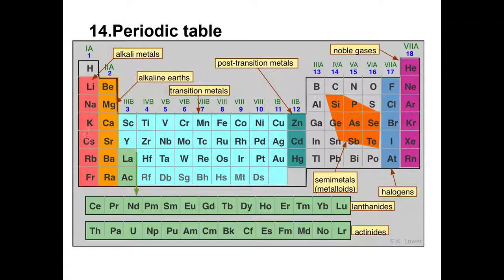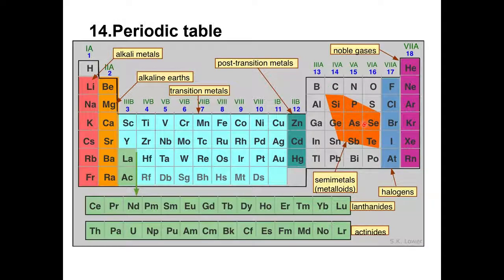This is known as alkali metals. These are alkaline earth metals. These are transition metals. These are post transition metals: zinc, cadmium and mercury. And we have the main group elements: silicon, phosphorus, germanium.